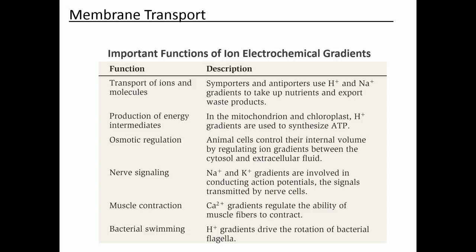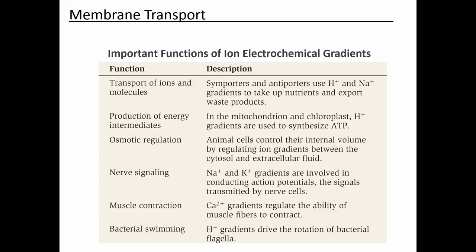The cell can use this stored energy to do various things. The one that we'll get to in this particular topic is how electrochemical gradients can be used to transport something against its concentration gradient.